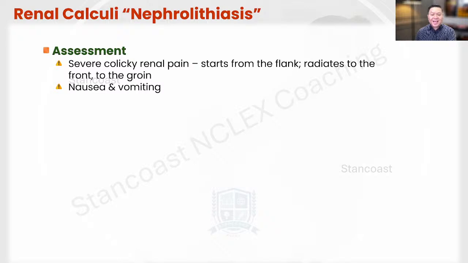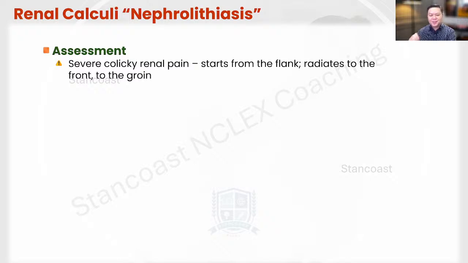Now, the kind of pain that will be described by the patient here will be sudden, and it will become more severe. The patient cannot sit still, usually writhes in excruciating pain, and it may occur in waves or paroxysms.